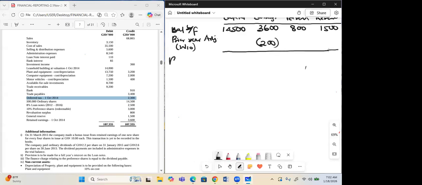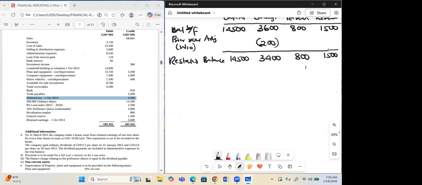You call it a restated balance. So 14,500, 3,400, 800, 1,500. All this will be giving you free ticks. Preparation of financial statements is an advantage.